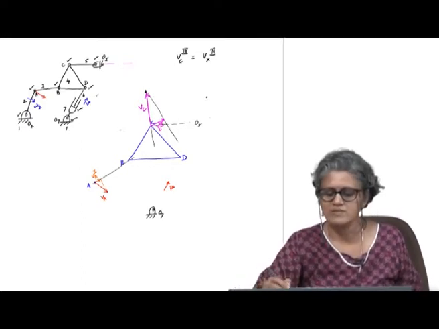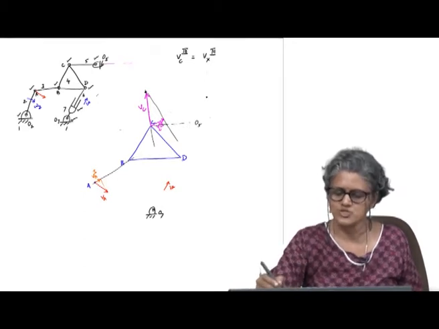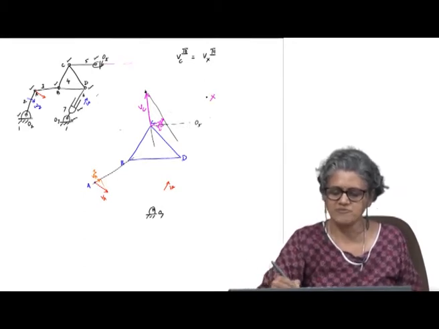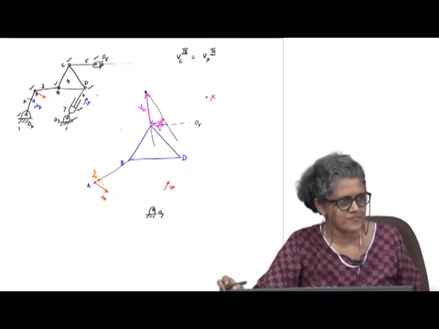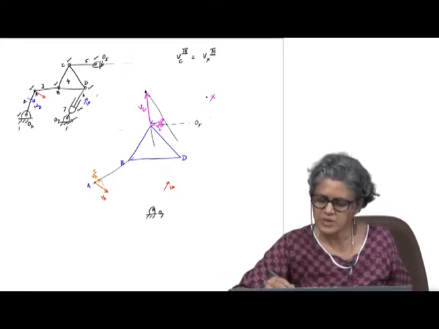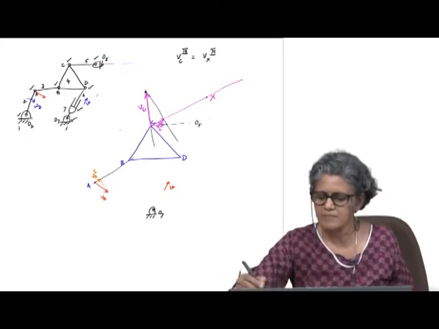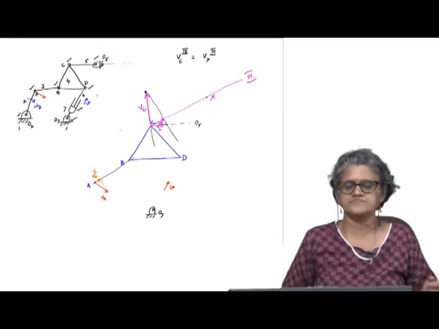The problem was with the choice of my x. If x is somewhere here, then my problem is solved. So this would be my third auxiliary line.